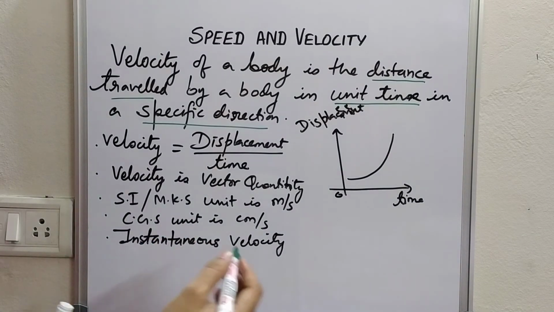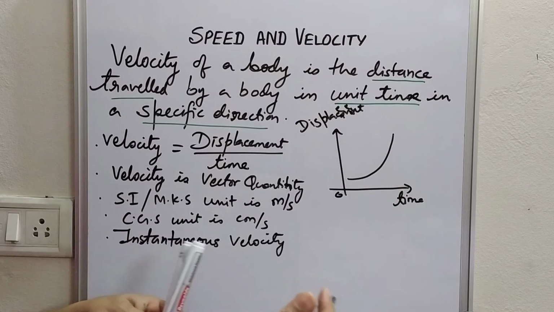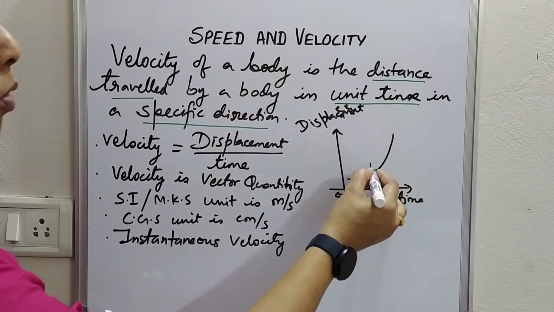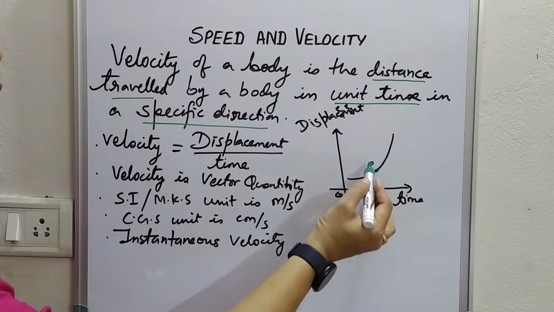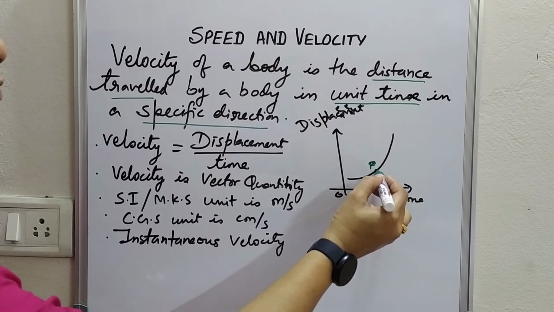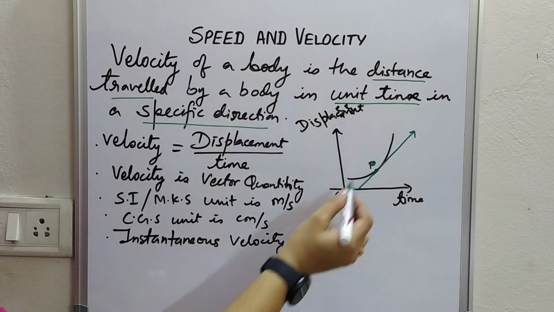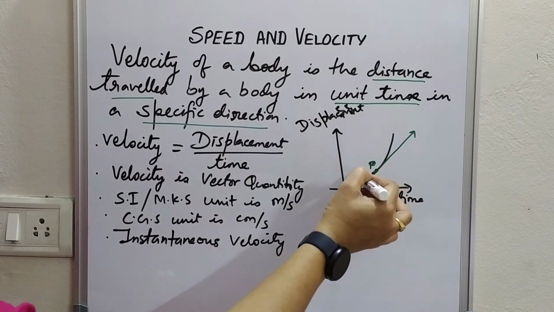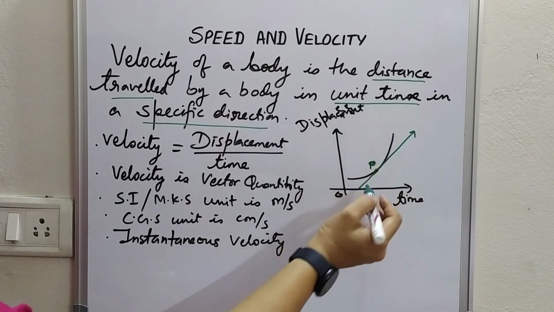So we can find speed of the body at a particular instant of time. So at one instant of time, say at point P. At this point, what is the instantaneous velocity? For that purpose, we have to draw a tangent to the graph. Tangent means a line that touches a circle or a curve at a point. That is called tangent.